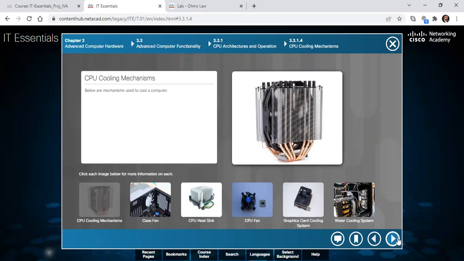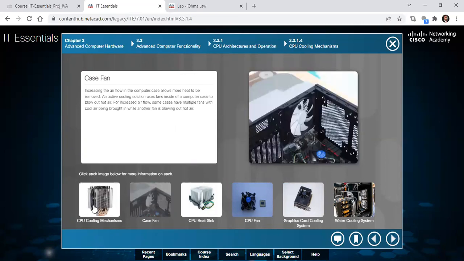Okay, so we want to look at different types. You can see a diagram. CPU cooling mechanisms is what we want to look at now. We're going to look at the case fan first, which is the one we've talked about before. Case fan: increasing the airflow in the computer case allows more heat to be removed.